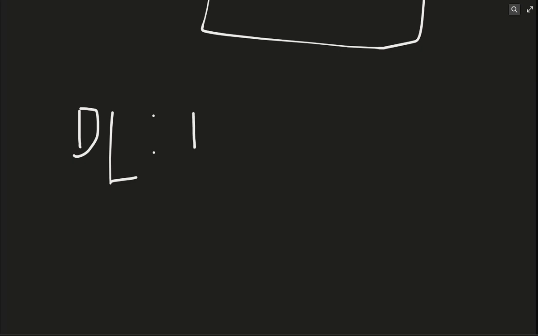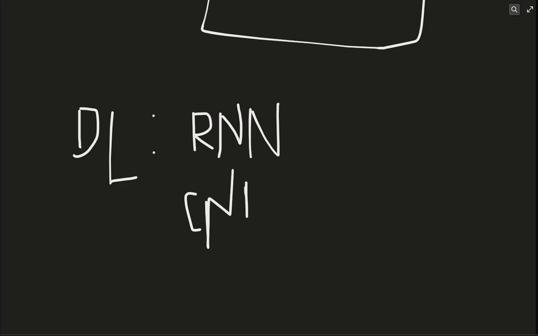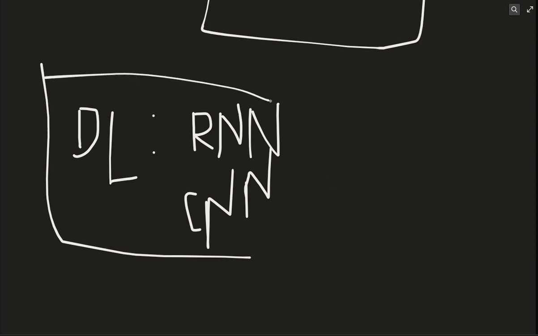There are some algorithms like RNN and CNN, and we have other algorithms too. This term is used to refer to where we perform things on a specific field.